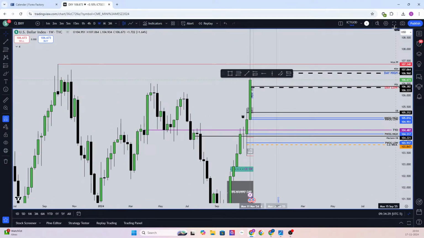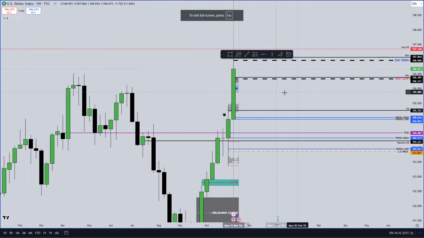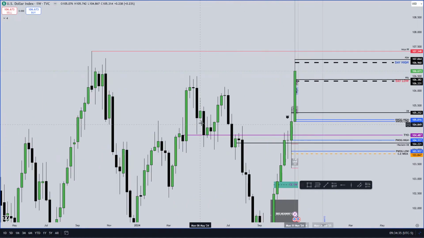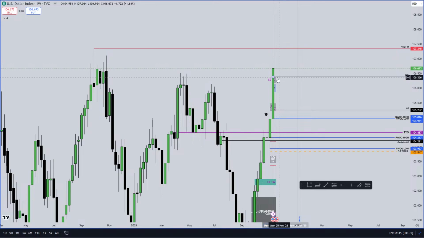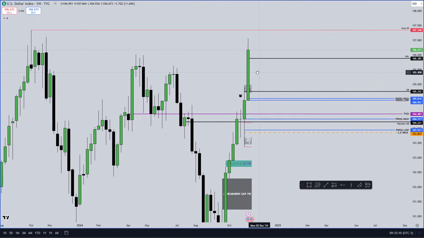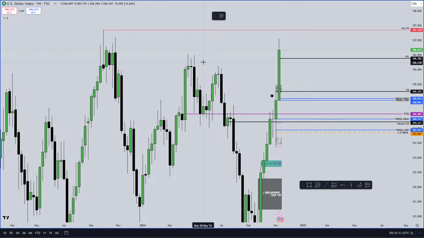If you look at the dollar index, looking at the weekly, we have this high that was swept.